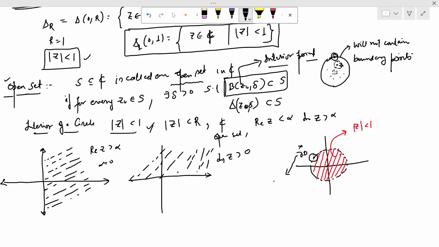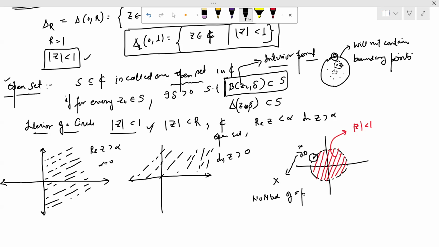They cannot be in the open set because no neighborhood of the point on the circumference lies completely within the set. So always remember that in defining an open set, the interior of the circle would do, but the interior of the circle plus the circumference of the circle will not be an open set.